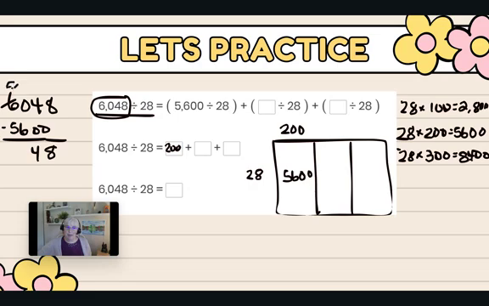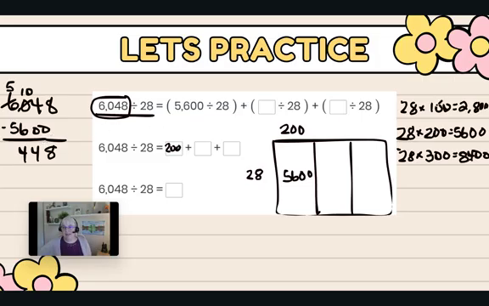Take 1 from here. The 6 becomes a 5. Add that 1 to here. This becomes 10. 10 minus 6 is 4. So we now have 448 left. We have to see 28 times what is going to give us 448.